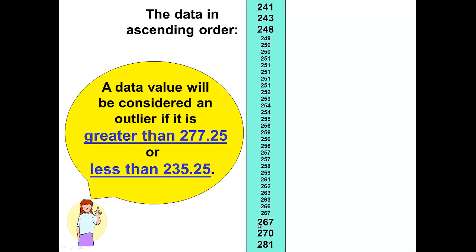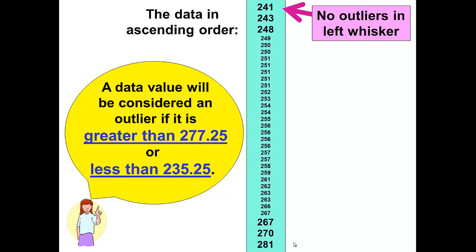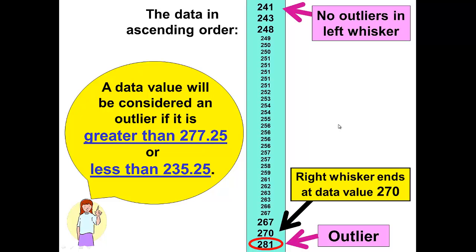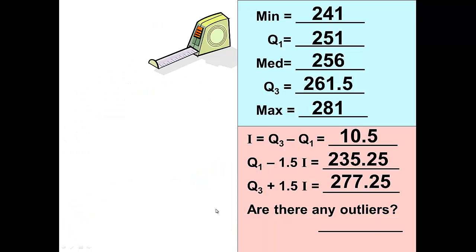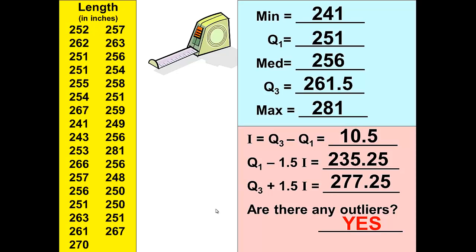And as we look at the highest numbers, the only number higher than 277.25 is the 281. No outliers in the left whisker, one outlier in the right whisker. And the right whisker will end at the next lower data value at 270. So yes, there are outliers, and that outlier will be 281.